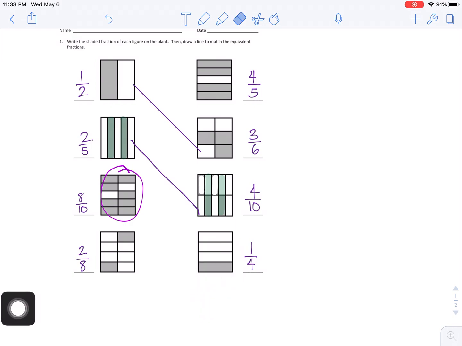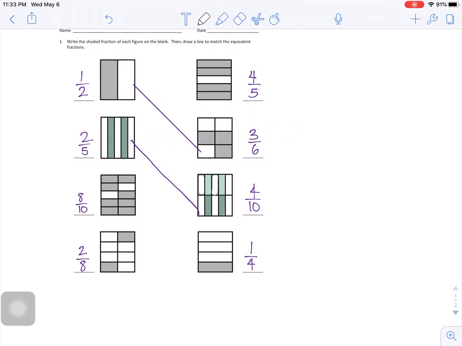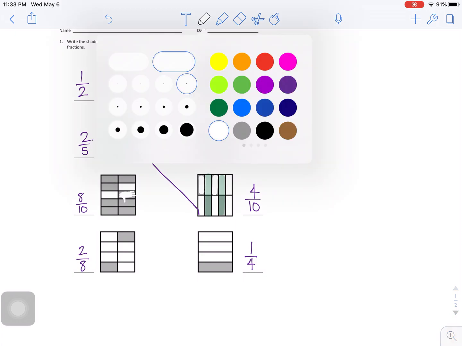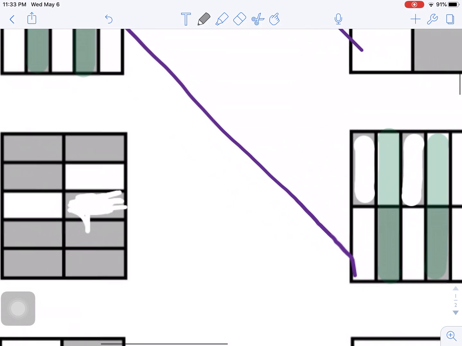You might have also noticed that if you were to just change one thing, if you were to take this and make this a white line here, and I made this one up here gray, maybe I can zoom in here and make it easier.